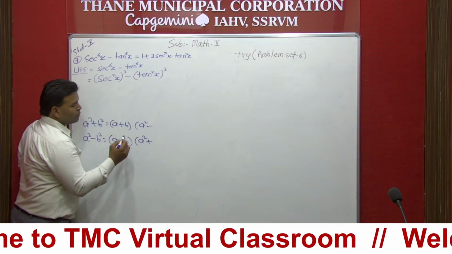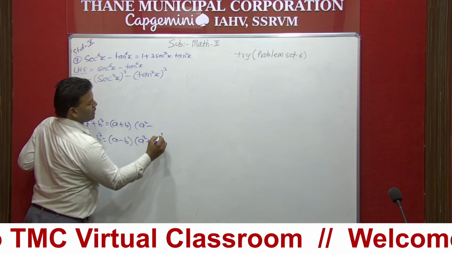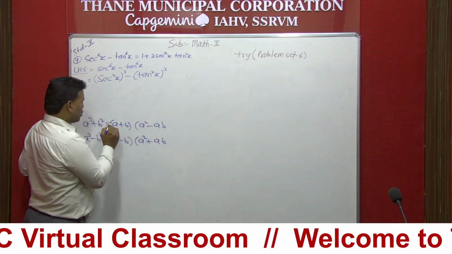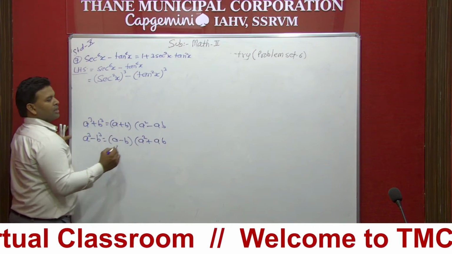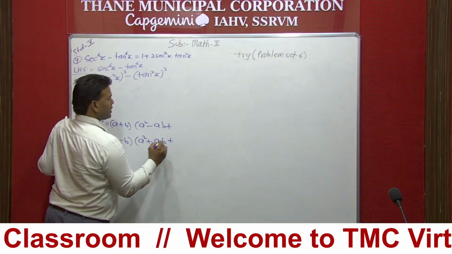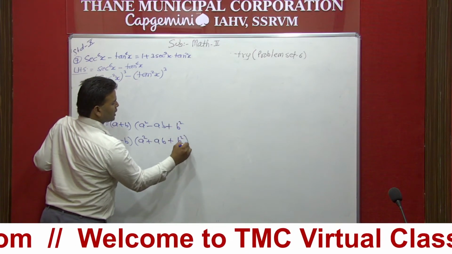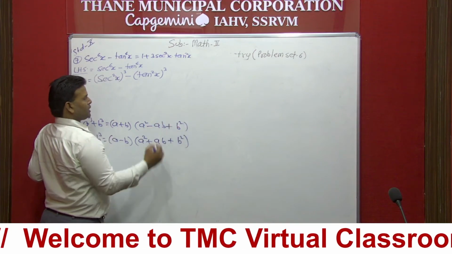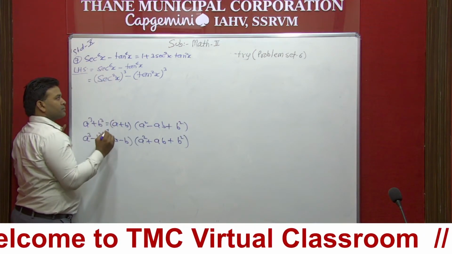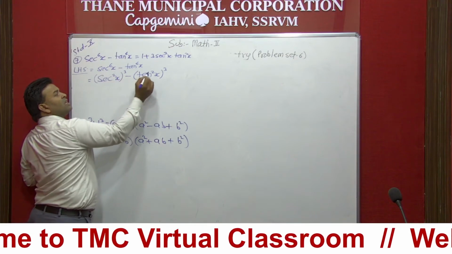Now a into b, the multiplication of both, ab here and ab here. Then the last sign is always plus, then b square and b square. Formula is completed. Now see, here this is a and this is b.